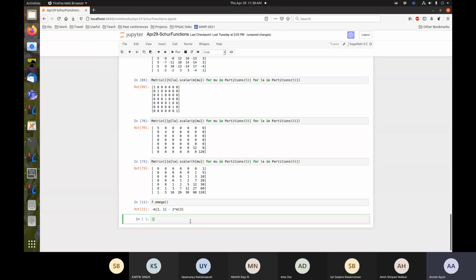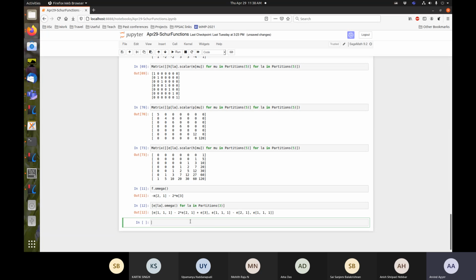We can check the action on E lambda, so the command is .omega. For the partition 3, let's say, the answer it's going to return in the E basis. E111 turns out to be itself.